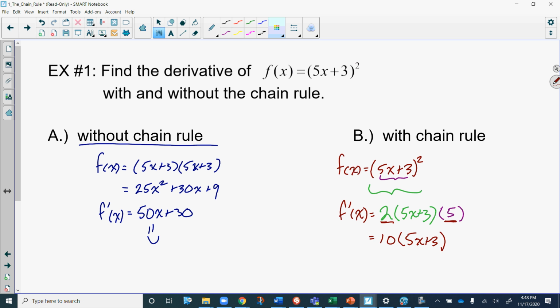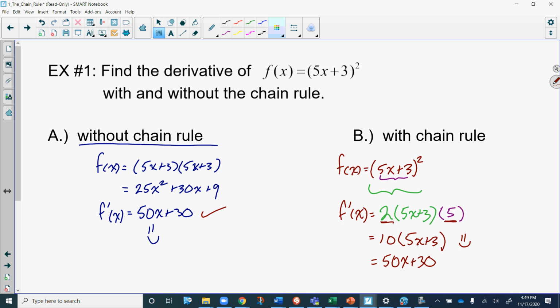And again, we could stop here perfectly fine, leaving it in factored form, but the idea is to show you that they're the same. So distributing the 10 puts me back at the 50x plus 30 that we got when we distributed those two binomials and used the power rule.